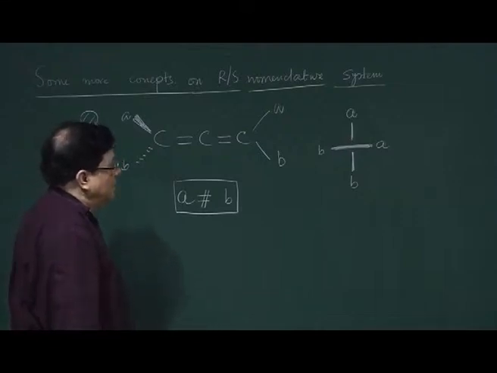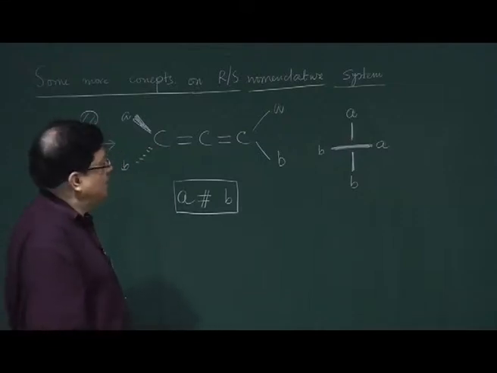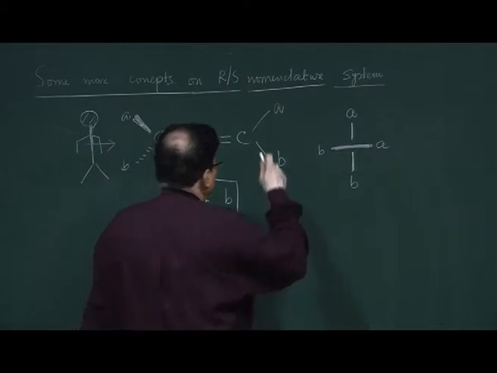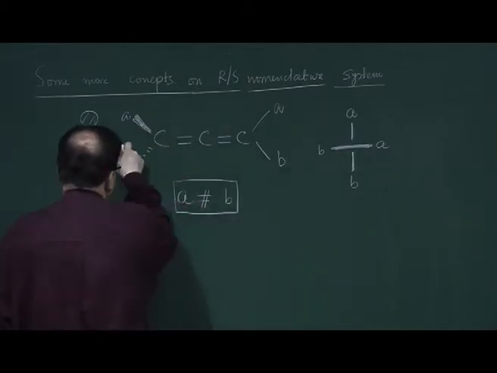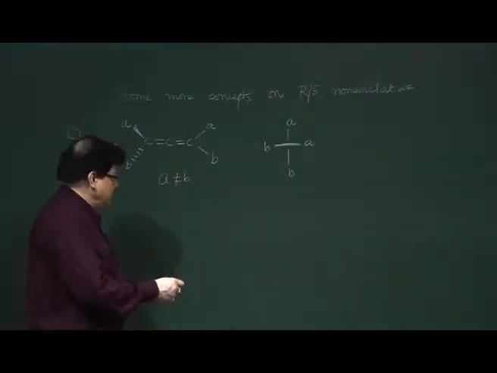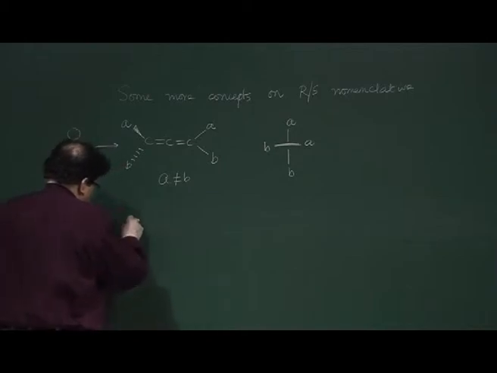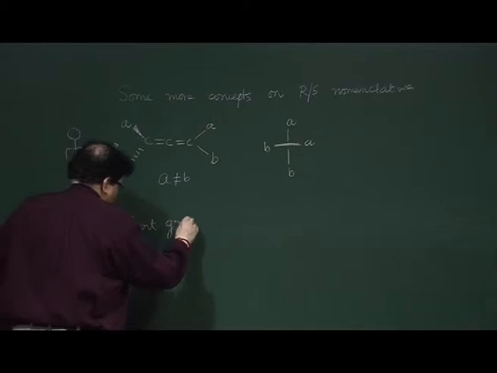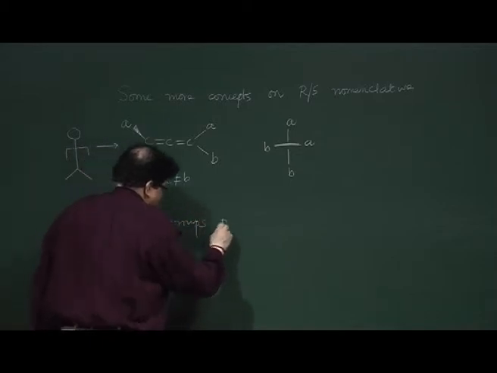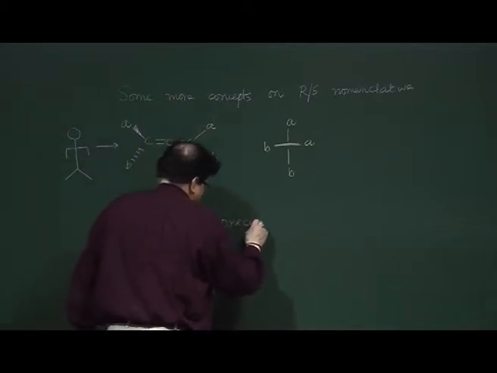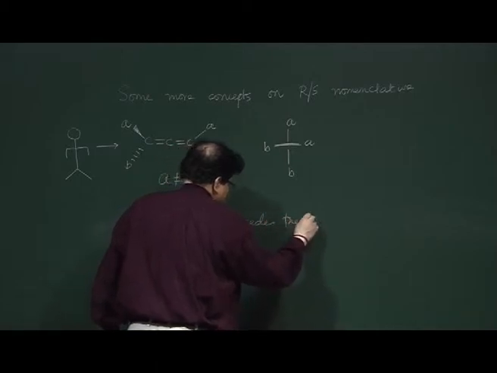So, now in order to assign RS configuration, because I am seeing it from this side, the rule says that the front groups precede the rear groups.